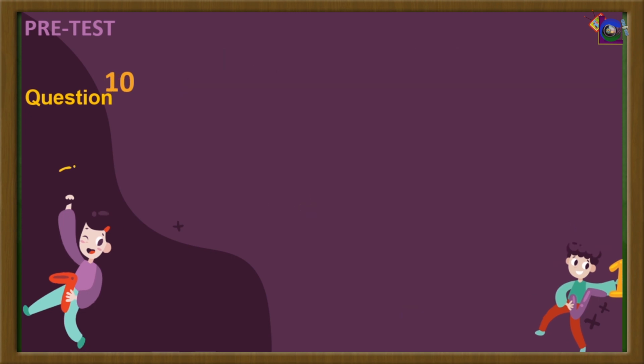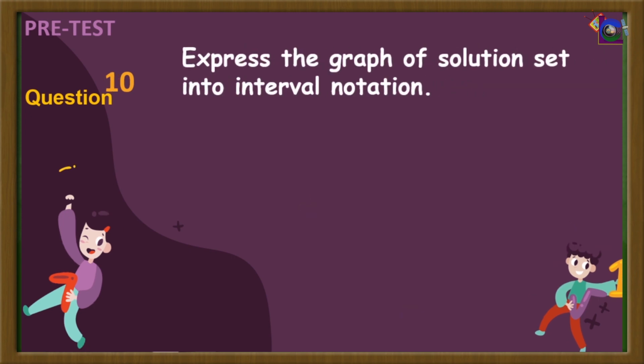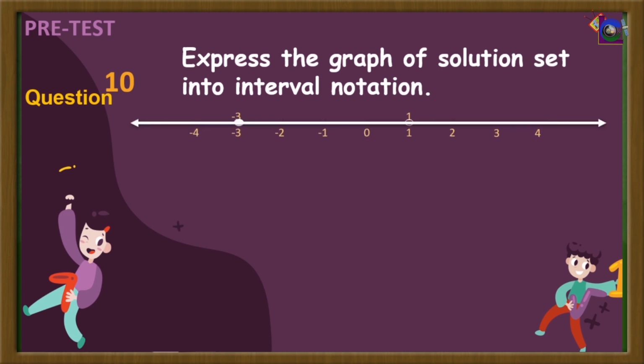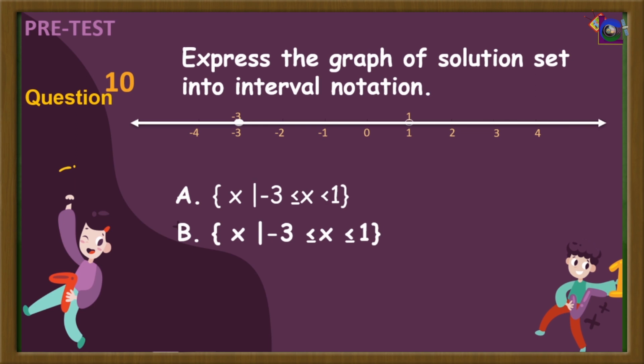Question number 10. Express the graph of solution set into interval notation. A. The set of all x such that x is any number greater than or equal to -3 and less than 1. B. The set of all x such that x is any number greater than or equal to -3 and less than or equal to 1.